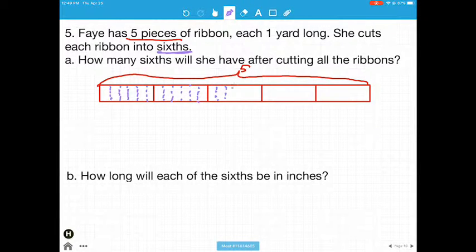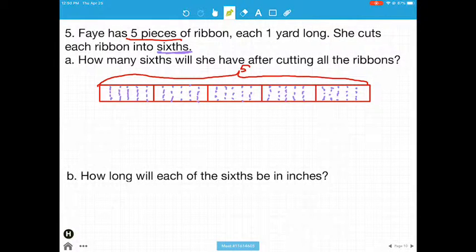Each one of these rectangles is representing 1 ribbon, and I'm cutting each one into 6. Okay, so I have 6 pieces in each. How many 6 will she have after cutting all the ribbons?